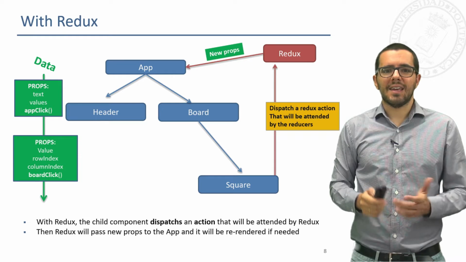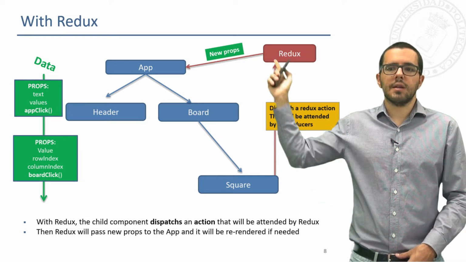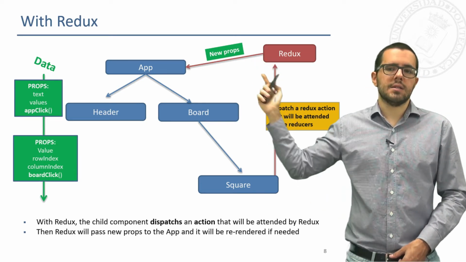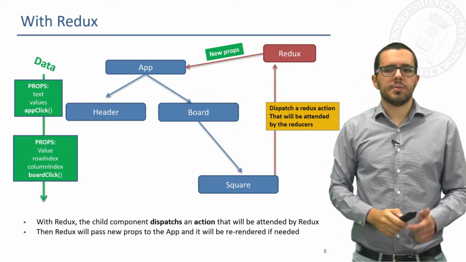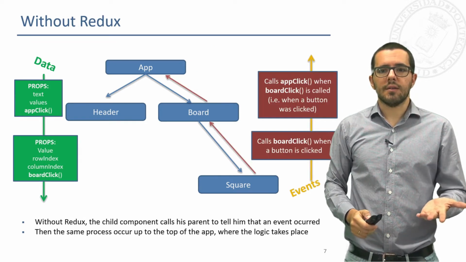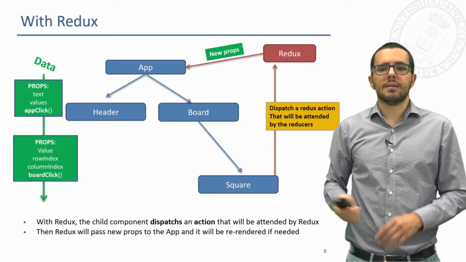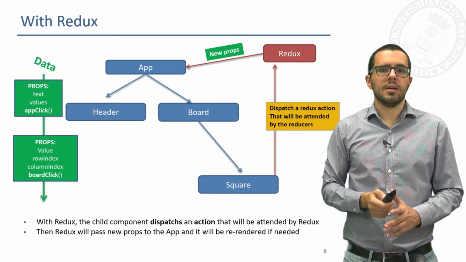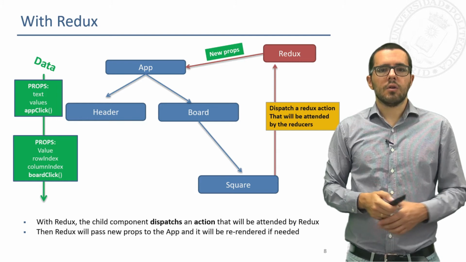Now the logic is in Redux, and the square can call Redux directly, as well as the server can emit an action to Redux. And when something changes in the state, we have new props. So the architecture changes from this kind of architecture with React to this one. Also remember that Redux is framework agnostic, so it can be integrated with any kind of framework or architecture.